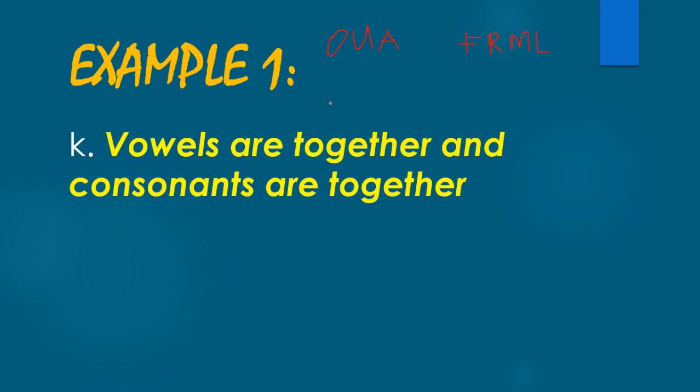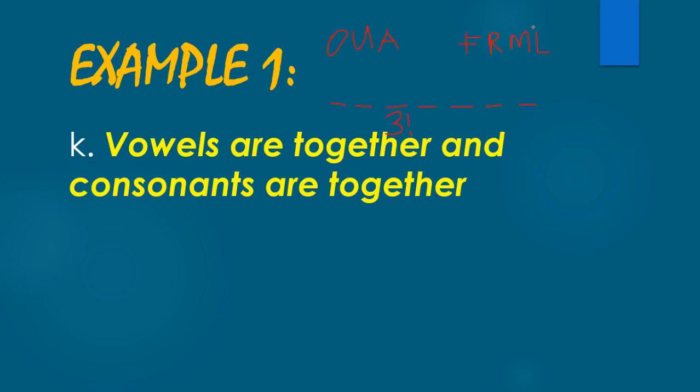So again, we have 7 spaces. As stated, the vowels are together and the consonants are together. So first, for our vowels, we have 3 factorial ways.